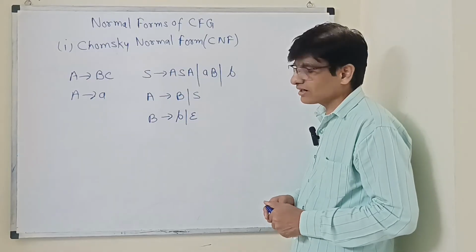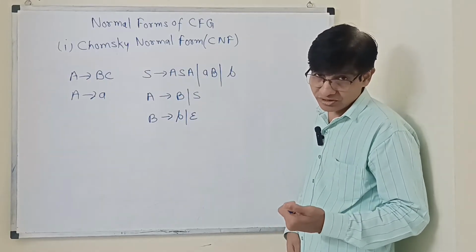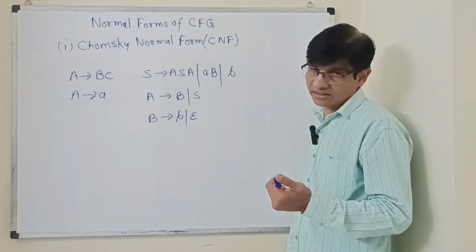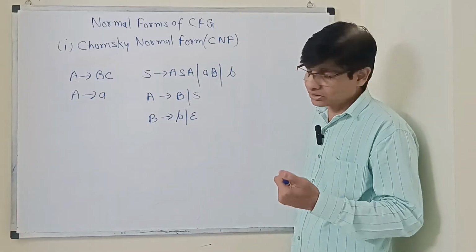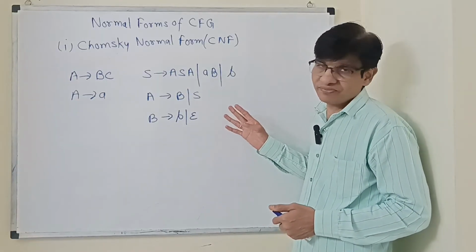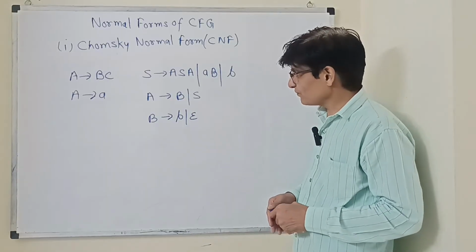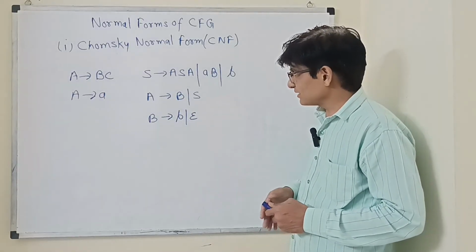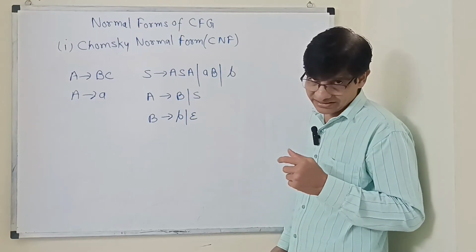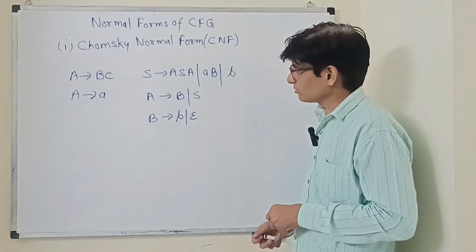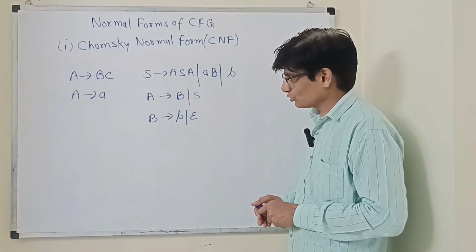Sometimes you may have a grammar which has no unit production, or no epsilon production, or neither, and that would be very simple to convert into CNF. So we will solve this example step by step, so that the conversion process will be clearer to all of you.